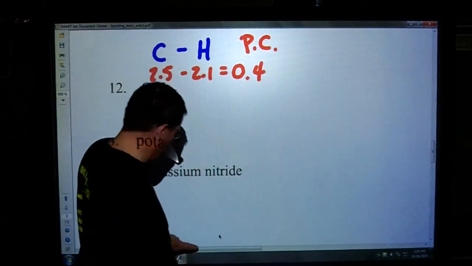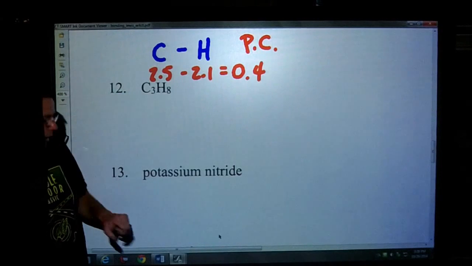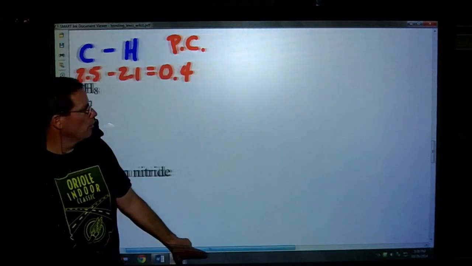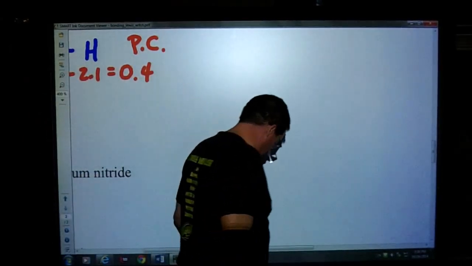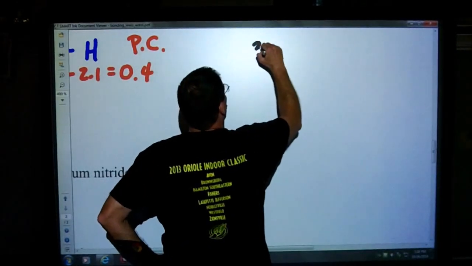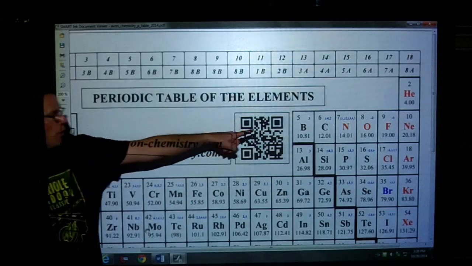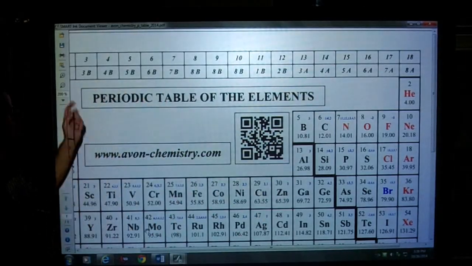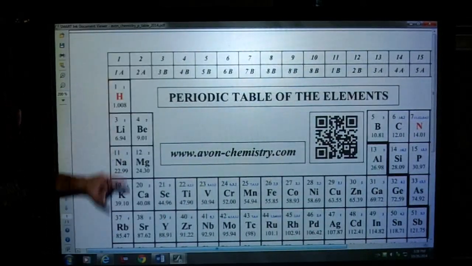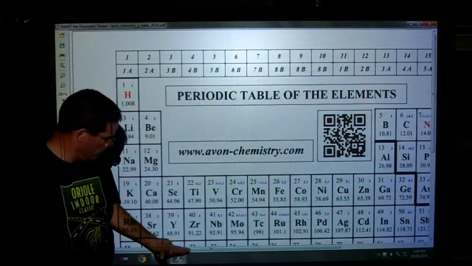Wow, okay. So we do need to find out how many total electrons we have. So we have 3 carbons and 8 hydrogens. So we have 3 times, how many electrons does carbon have? Very good, 4. And again, hydrogen has 1 electron.